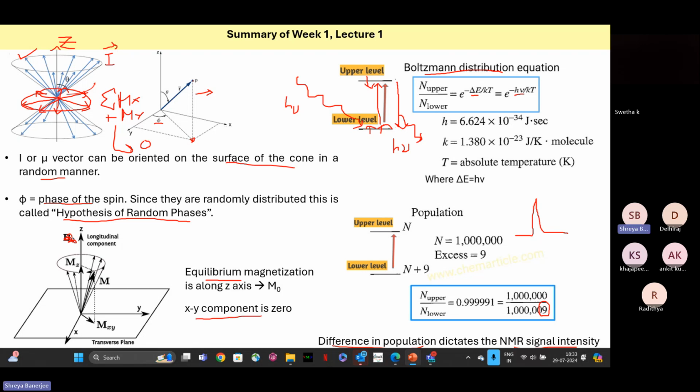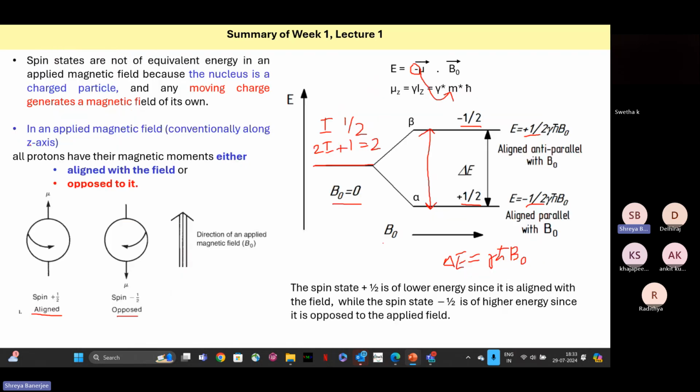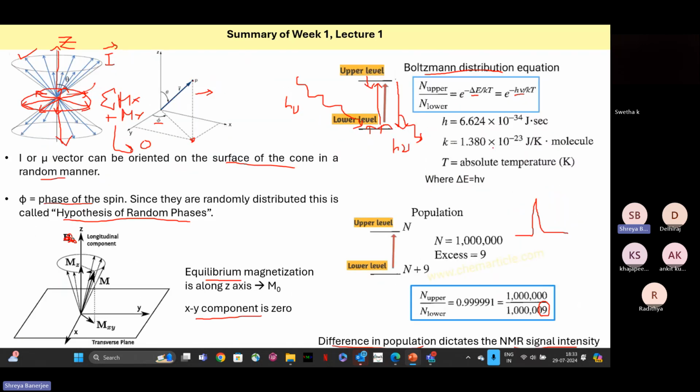But for z, what will happen? In the lower cone, they will either orient in the upward direction or in the downward direction. But upward and downward are not equal. We have already seen this when we were looking at the populations. Here you can see in the populations, the upper and lower, there is a small difference. And due to this, the net magnetization or the equilibrium magnetization is along the z direction. And that is what we often call Mz or M0.